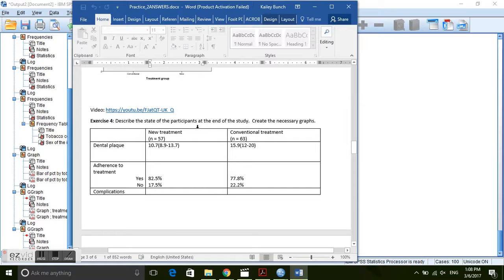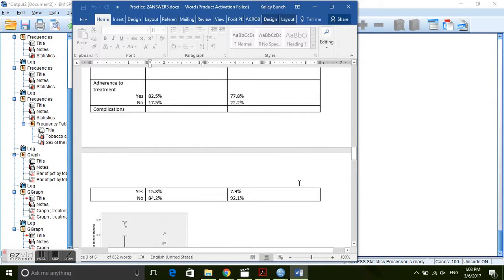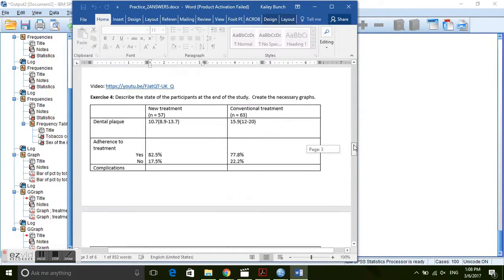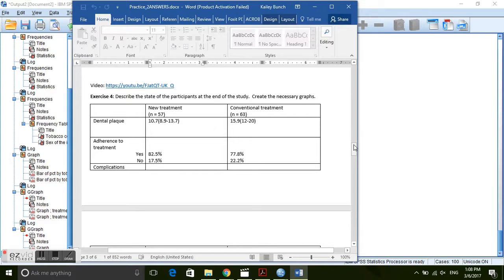Okay, exercise 4 says describe the state of the participants at the end of the study. Create the necessary graphs. So this is dental plaque, adherence to treatment, and complications. And I have the answers down here. Okay, so you're going to do the same thing that we did for exercise 1 to fill in the table.